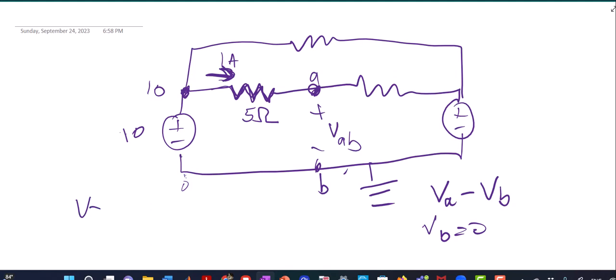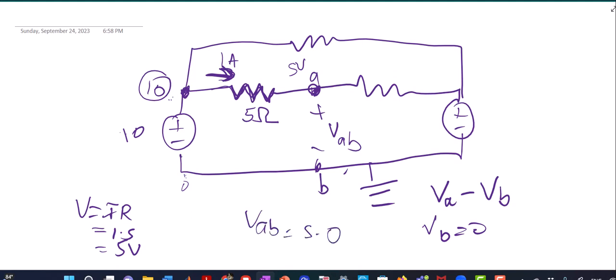Then V equals IR, so 1 times 5 is 5 volts. There's a drop of 5 volts across this resistor, so this side, A, has to be 5 volts less than this side, which was 10. So I could label that as 5 volts. And then VAB is 5 minus 0, which is 5.